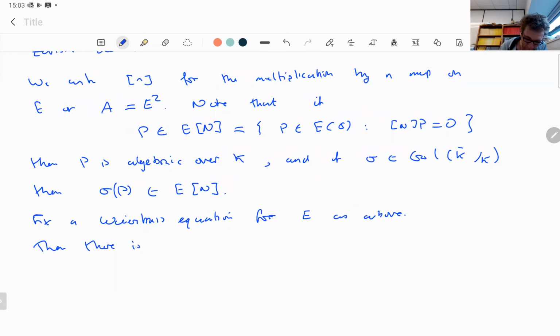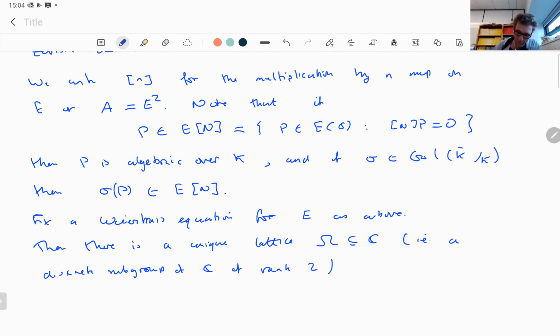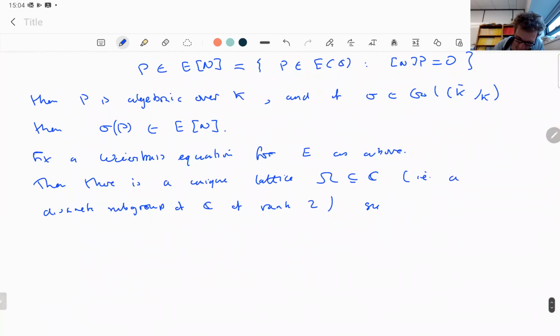Then there is a unique lattice in C. So that's a discrete subgroup of C of rank 2, such that the following hold.